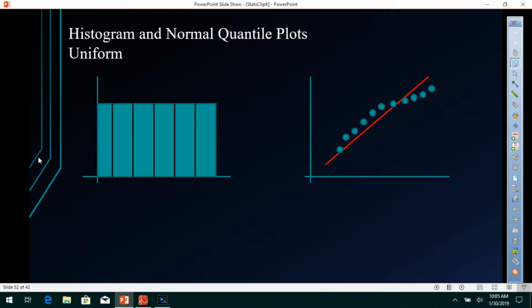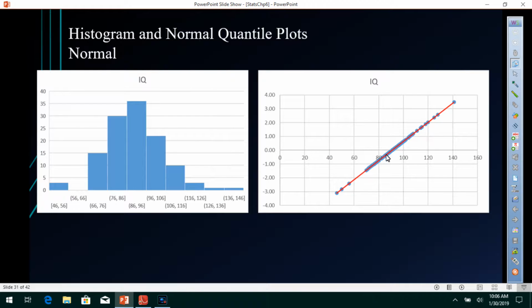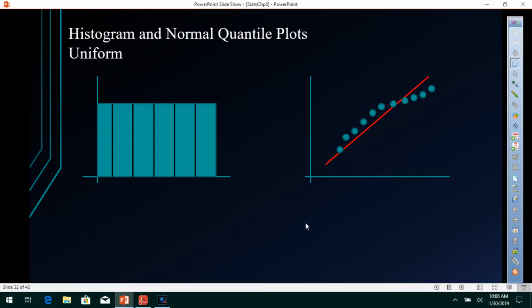Now, this one here is a uniform distribution. And see how on the normal quantile plot, they're all pretty close, but there's definitely a pattern, maybe a snake pattern, whereas when you looked at the other one, it was all in a straight line, right on the line.